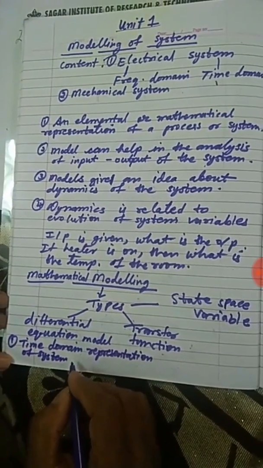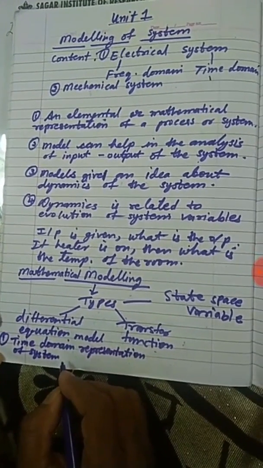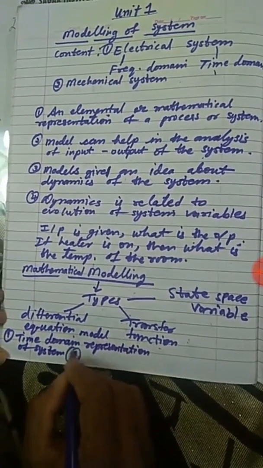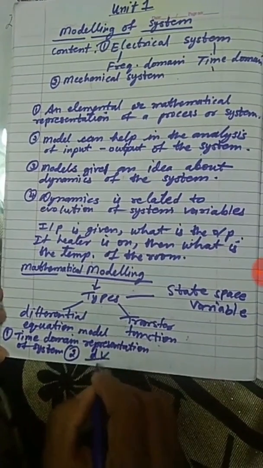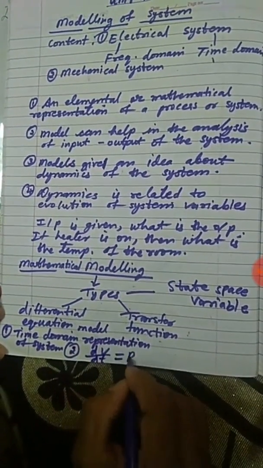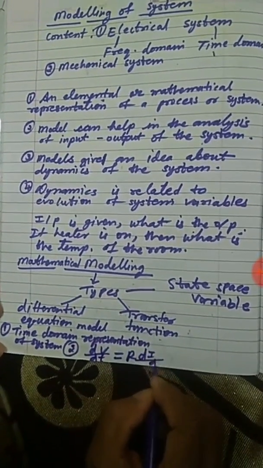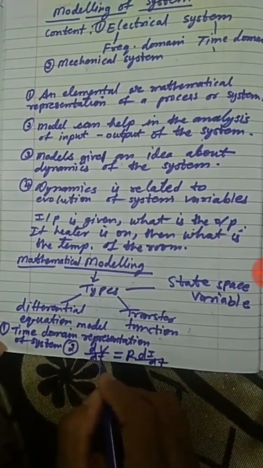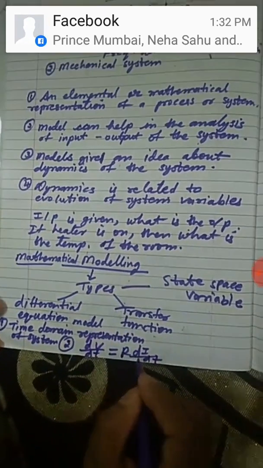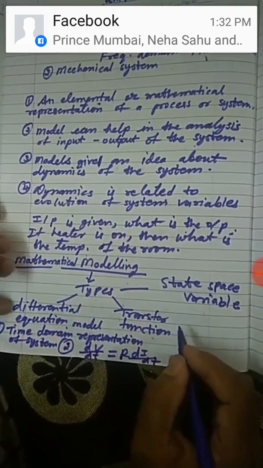In this, the dynamic of the system is represented in the form of a differential equation, like dV by dt is equal to R di upon dt. So this is the differential equation representation. Now next is the transfer function.